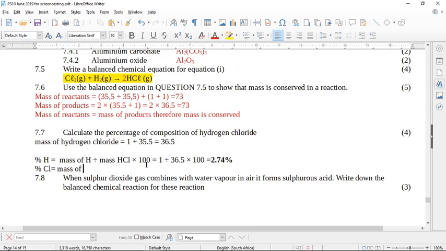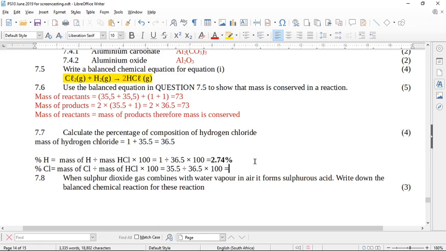So this is the same thing. It's the mass of the chlorine divided by the mass of the hydrogen chloride, okay, times by 100, because that's how we find a percentage, by multiplying by 100 over 1. So if you have this as a fraction, you can put it as 100 over 1. So the mass of the chlorine is 35.5, over the mass of the total compound, which is 36.5, times by 100.